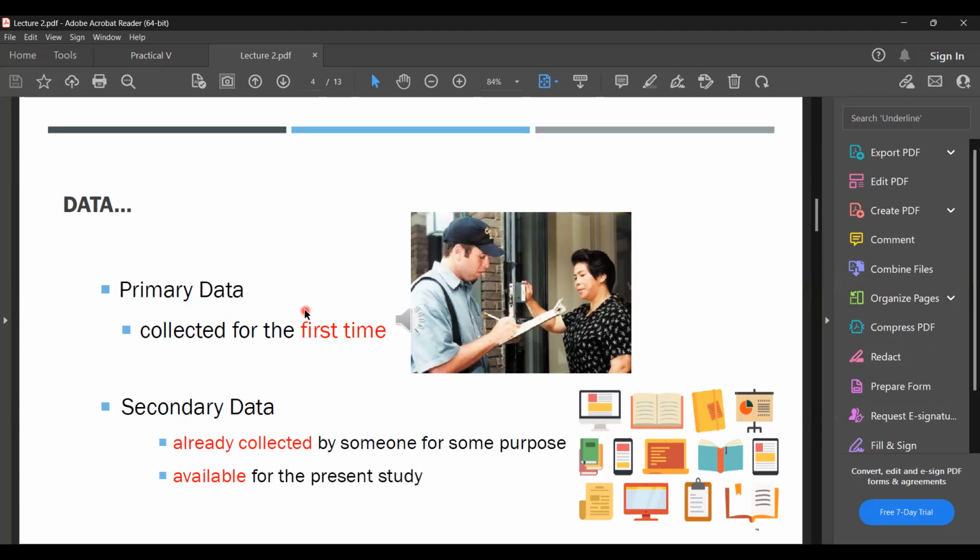That means if there are no materials to refer to, then you decide to collect data by yourself.